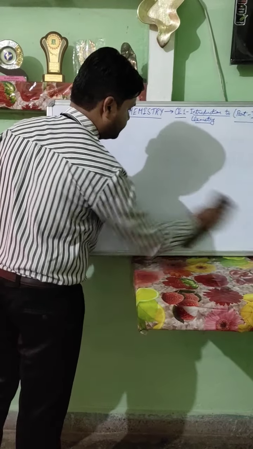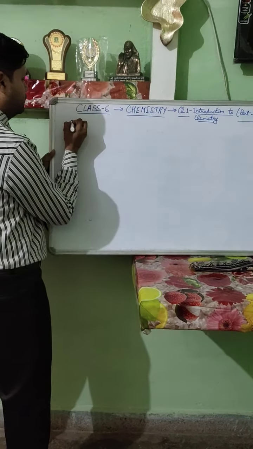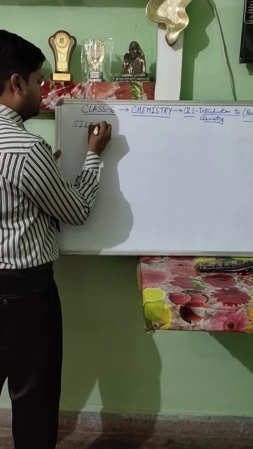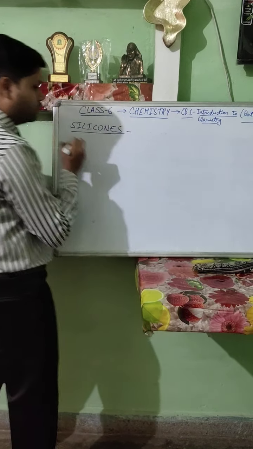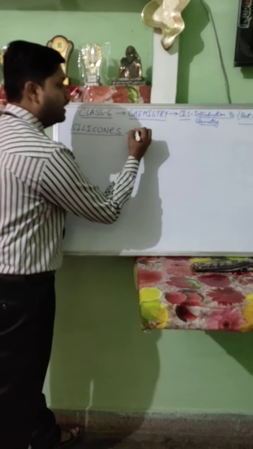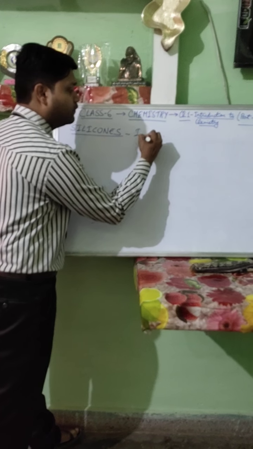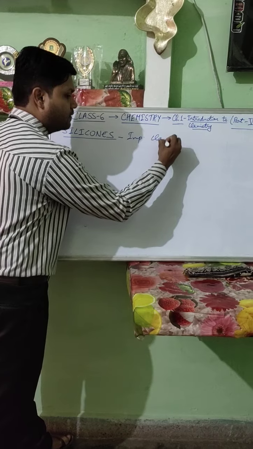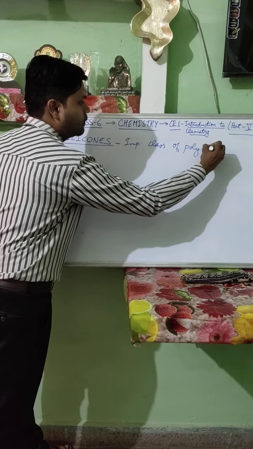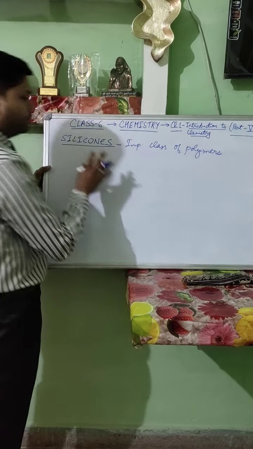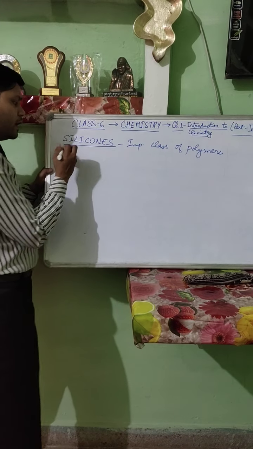And the last topic of the chapter, which is important also, is silicones. What are silicones? It is one of the important classes of polymers. How are they important?